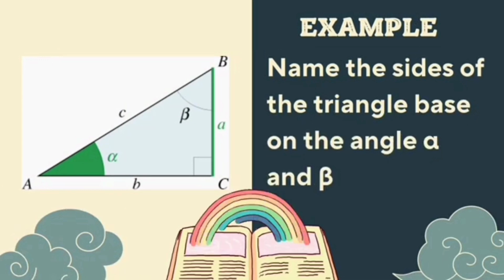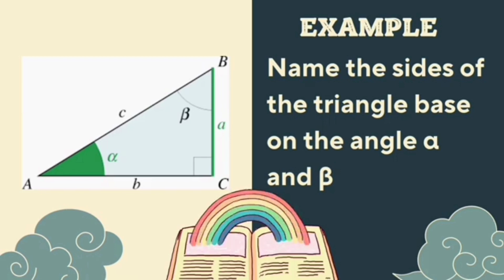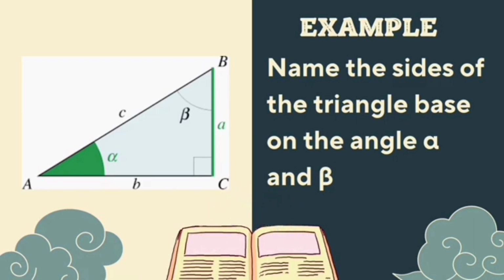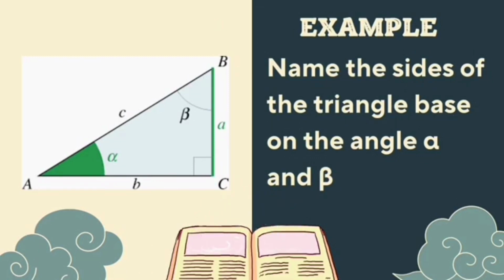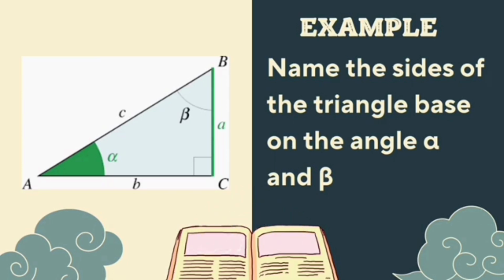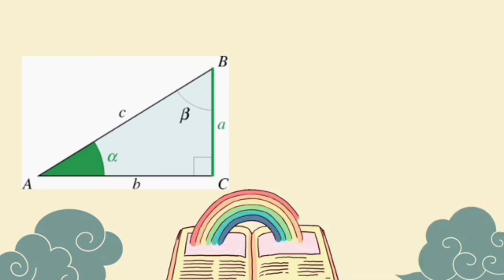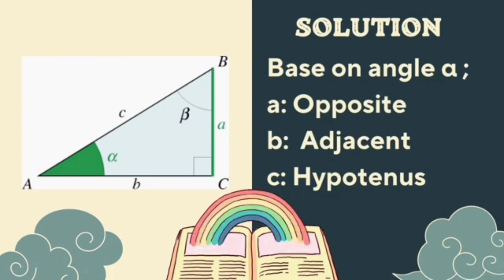Let's see our first example, talking about how to name the sides of the right-angled triangle based on the angle alpha and angle beta. Here we have a right-angled triangle ABC with the side A facing angle A, side B facing angle B, and side C facing angle C. From the solution, based on the angle alpha, side A is the opposite side because it is opposite our angle alpha.